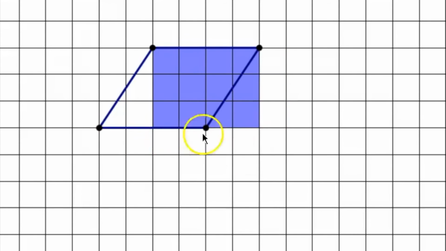So again, this is 4 times 3 for an area of 12. That would mean that this is also 4 times 3 for an area of 12. So we can dissect it and move it over into this region and form, sorry, actually a rectangle here with the exact same area as the old one. And so that's what allows us to call it dissecting.